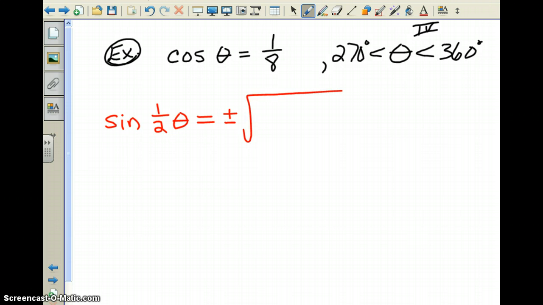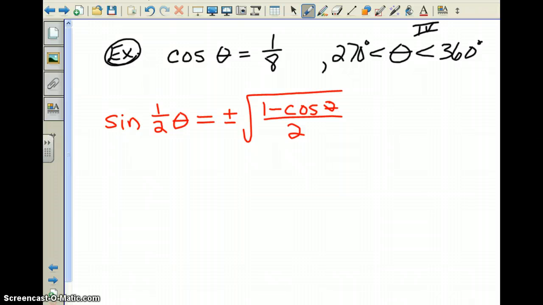So here's our identity. The first thing that I'll do here is deal with this plus or minus in front of the square root. We're actually going to have to choose whether it is positive or negative. Now how we do that is we think back to our original angle between 270 and 360.